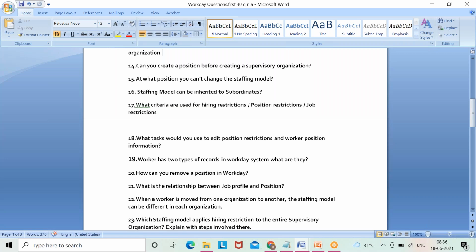How can we remove a position in Workday? Kiran, why do you keep applicant data? To maintain compliance? Not only compliance, ma'am. Sometimes you terminate an employee and may want to rehire that employee in future. At that time you already have the applicant data in the system.